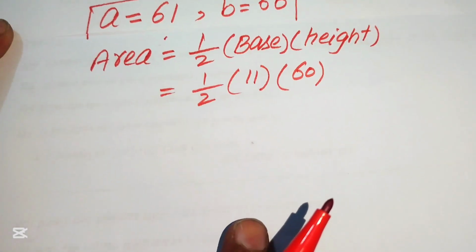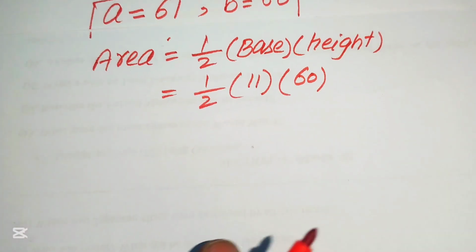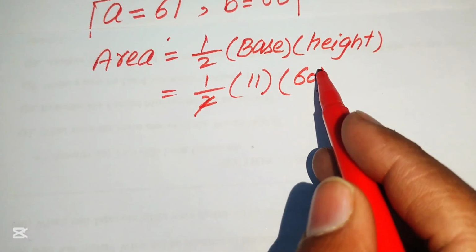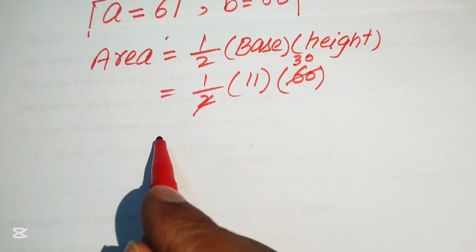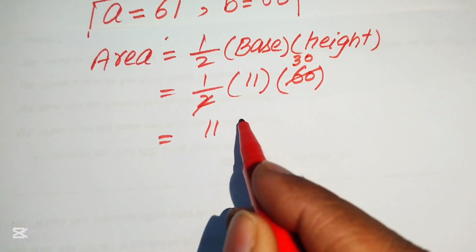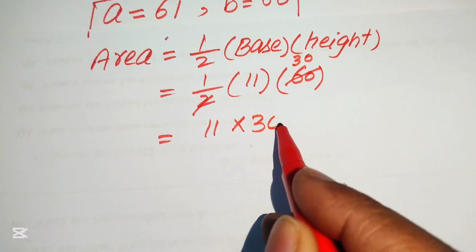Now we need some simplification here. 2 times 3 becomes 6 and 0, so you get 11 multiplied by 30.